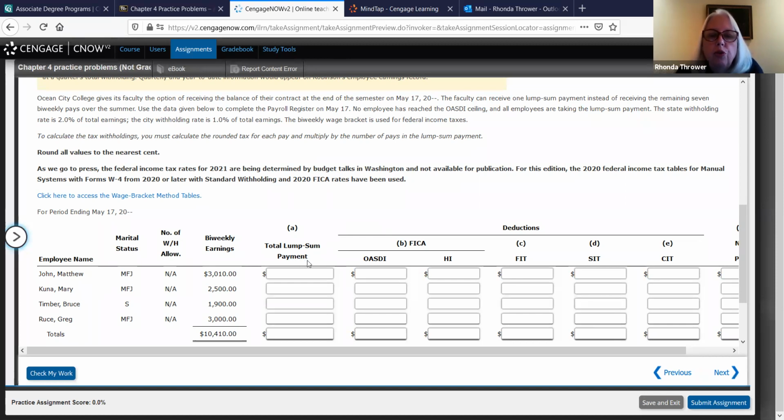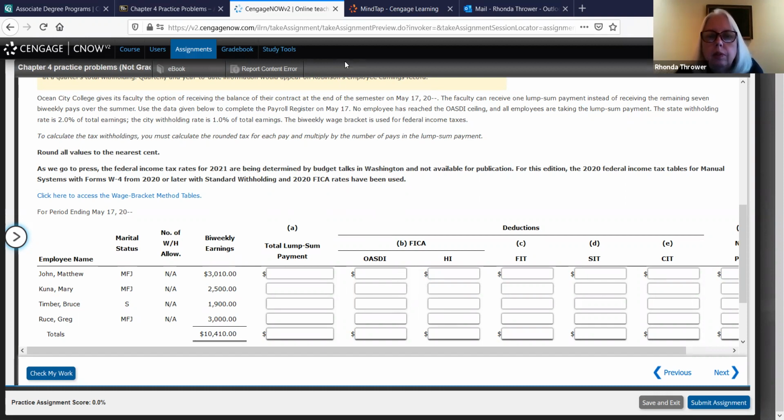But in order to make the answers round properly so that Cengage will mark your answer correctly, you have to take the biweekly earnings, find the tax amount on 1 pay period, and then multiply it by 7. So I thought it might be good to show you a spreadsheet where I made those calculations.